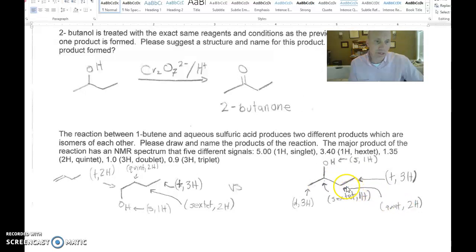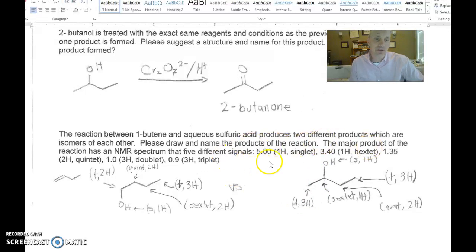That makes that a quintet. This is a triplet. This is a sextet right here. The reason that's a sextet is that it's got 1, 2, 3 neighbors on that methyl group and 1, 2 there, so that makes a total of 5 neighbors, which means it's going to have a signal with 6 peaks in it. This is going to be a big doublet because there's only 1 hydrogen right there.